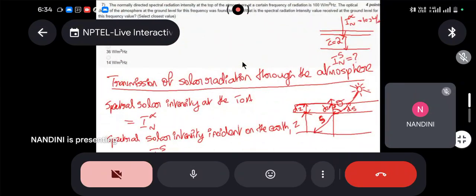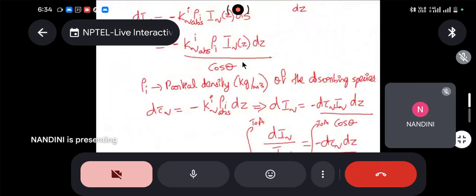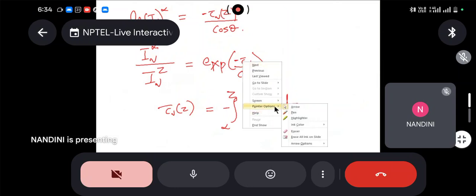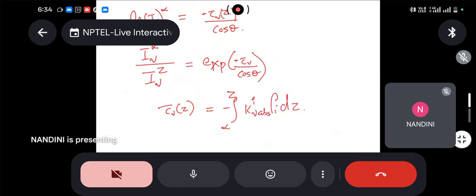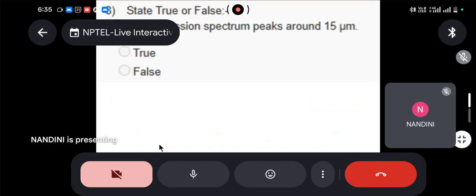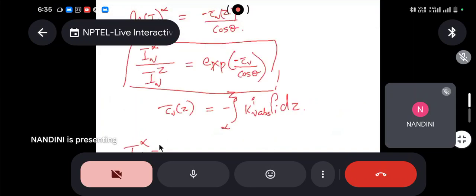I nu infinity is given as 100 watt per meter square hertz, and the optical depth tau is given as 2.